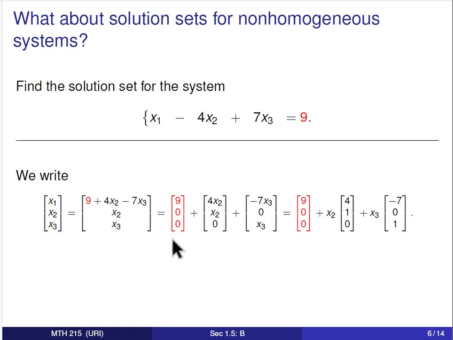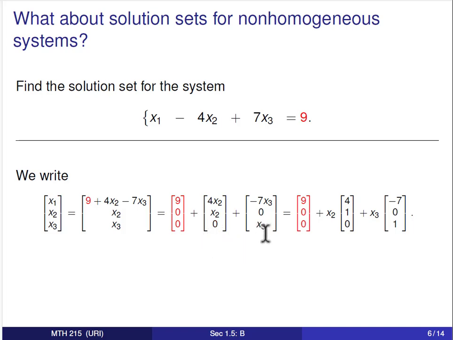Now if we go through that separating process, we'll notice that 9 does not have an x2 attached to it, nor an x3. And so what we'll end up doing is taking any numbers that don't have a parameter attached to them, don't have one of those free variables showing up, we'll put them in their own vector, and then we'll separate the x2 vector and the x3 vector as well.